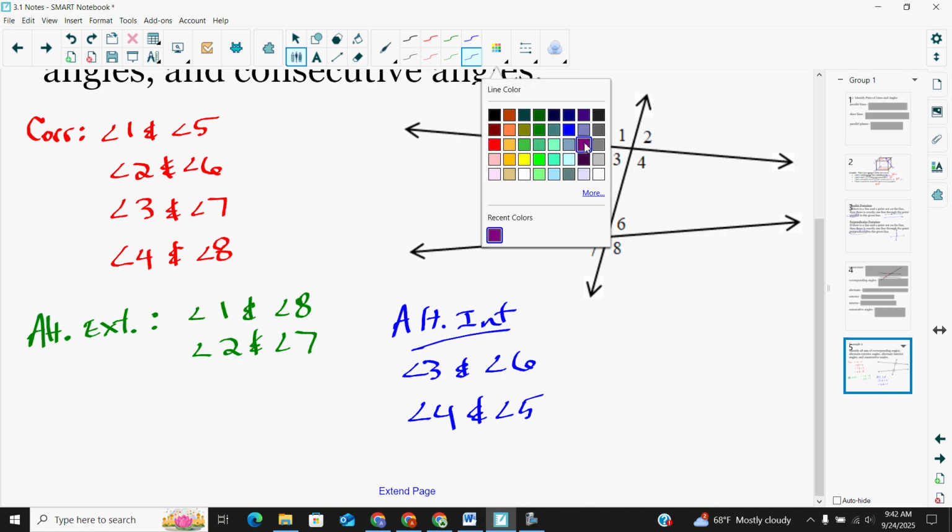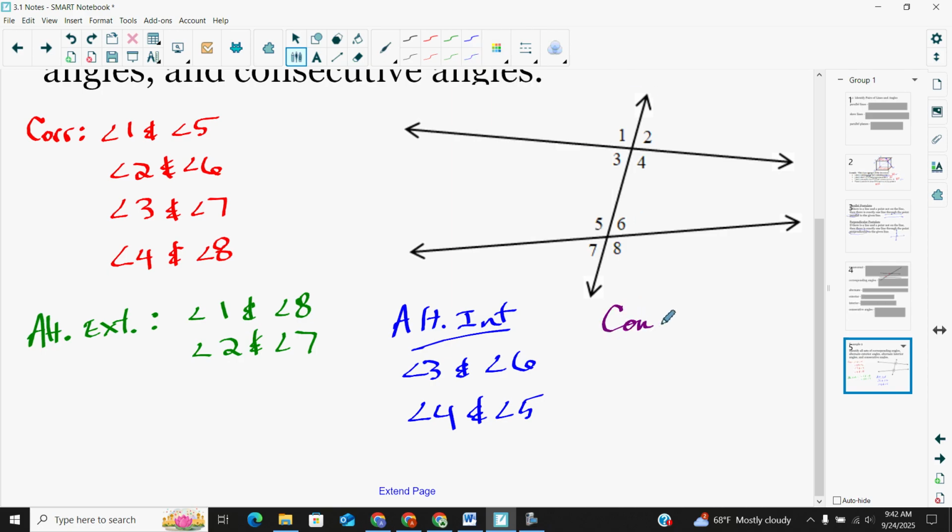And the last one it asked for is consecutive. Consecutive means interior, so inside, but on the same side of the transversal. 3 and 5. Interior, both on the left side of the transversal there. 4 and 6 are the other ones.